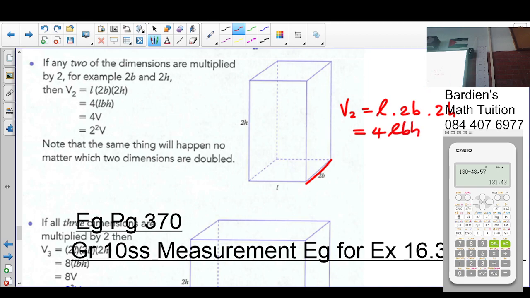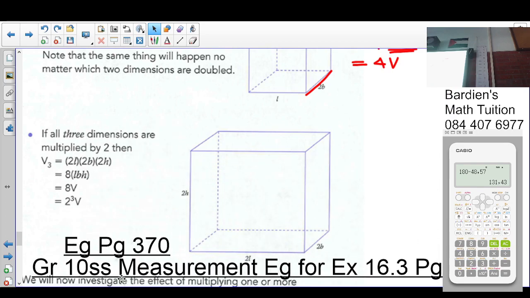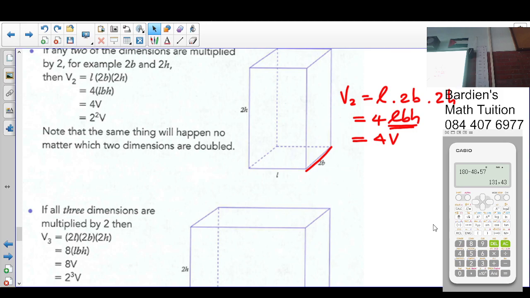But what is LBH? The original volume. So it's 4 times the original volume, when you're doubling 2 lengths. Also just keep in mind that 4 can be written as 2 squared.